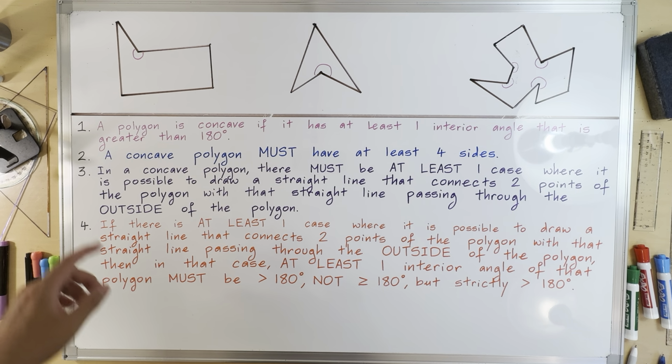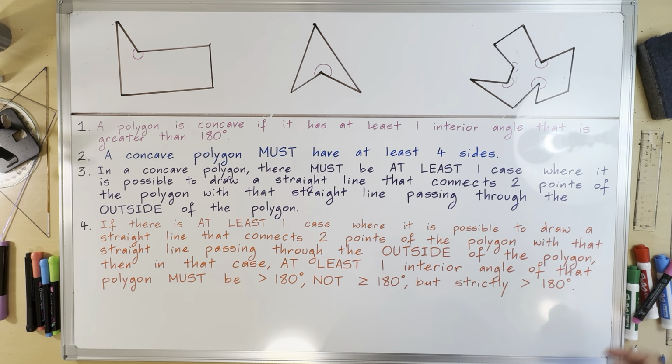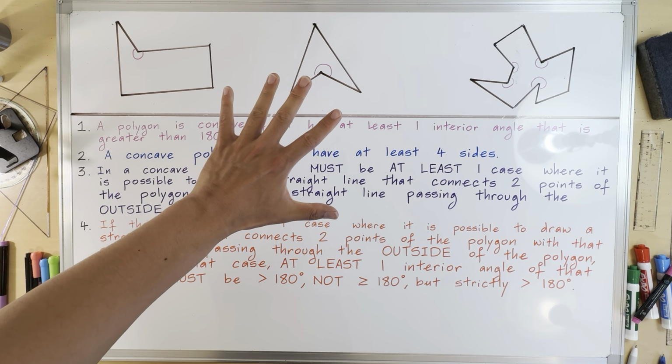Now, let's take a look at statement number two. Statement number two states that a concave polygon must have at least four sides. And let's take a look. This one has five sides.